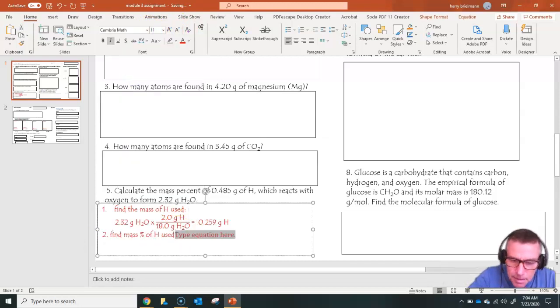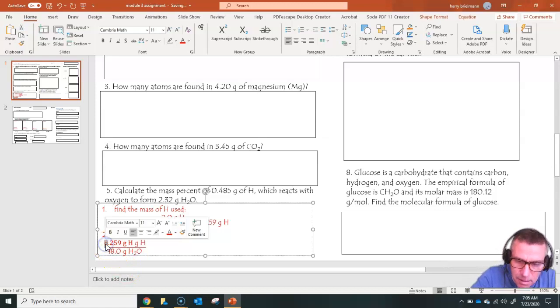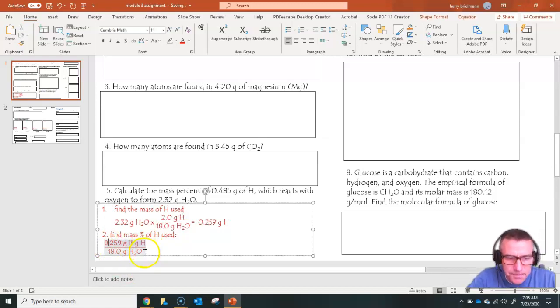And for that, we'll use a little fraction, so I think I'll copy that one and just change it, right? And there it is. And so for here, we had 0.259 grams of hydrogen, and I might not have entered a 0 there. There it is. But we have more than that available.